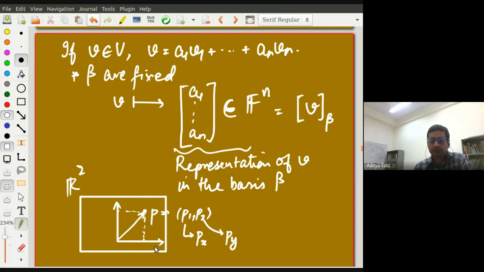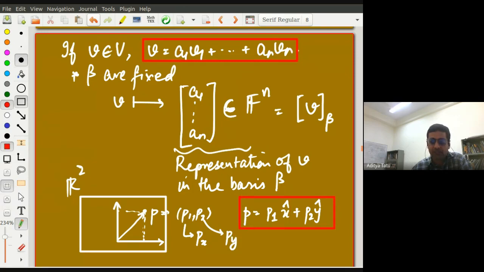So what these two numbers, P1, P2, are basically saying is this is P1 times the x unit vector plus P2 times the y unit vector. This is analogous to this. Put both of them in red so that you see the similarity.